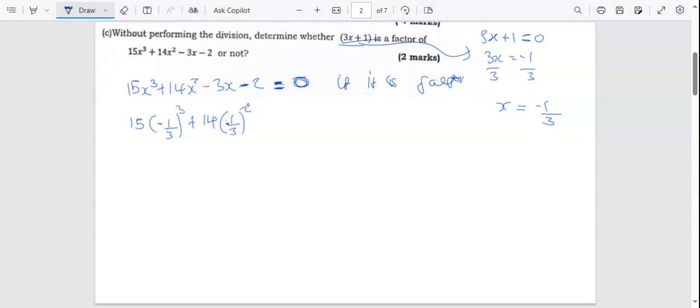This is cubed, so we follow that power. Then minus 3, open bracket, you put again -1 over 3. Then minus 2 is equal to 0.